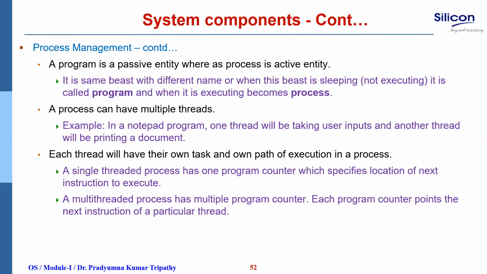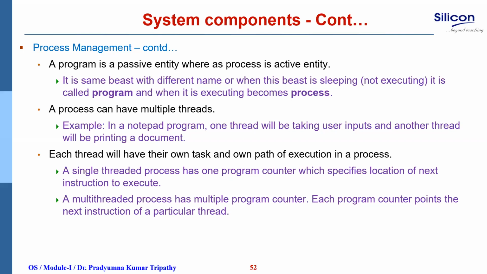Then we have the difference between a program and a process. A program is a passive entity, whereas a process is an active entity. A program resides on the disk, and a process resides in the memory. I have not put a slide for this; I'll put a slide on the difference between program and process.